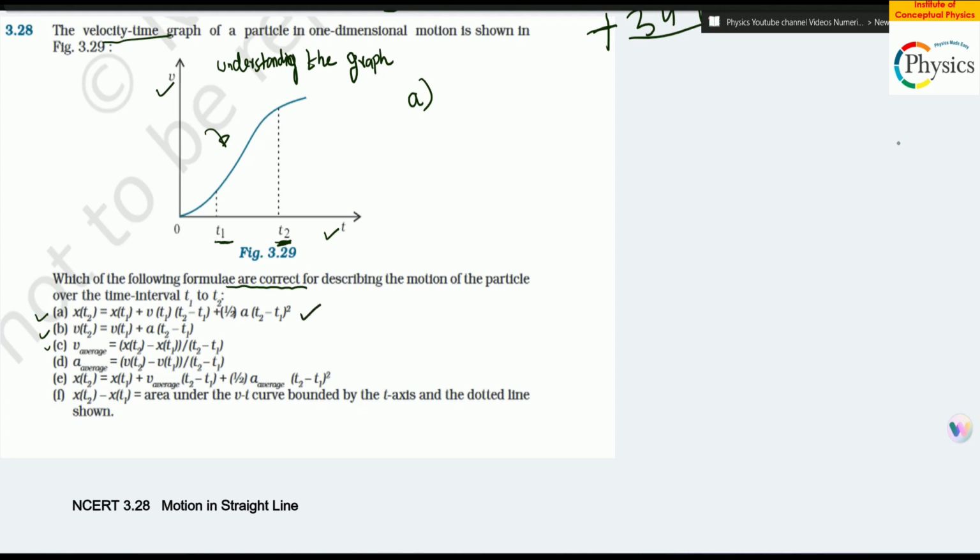It says position X at instant T2. So this will have some position. This is Vt, but they're talking about position right now.